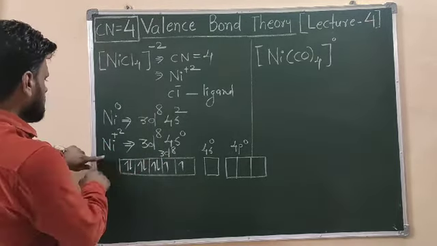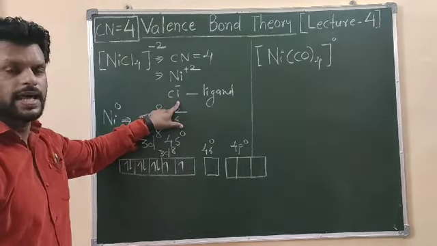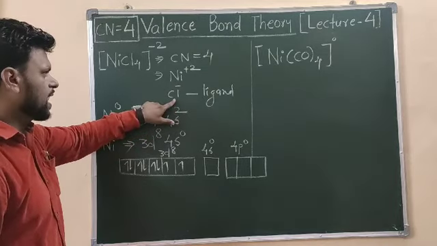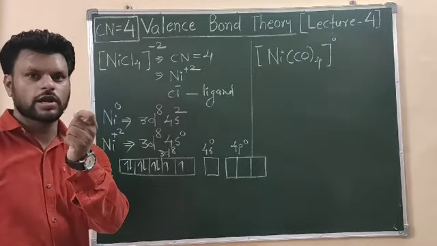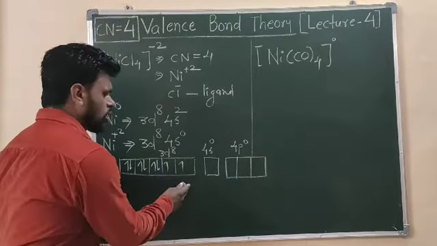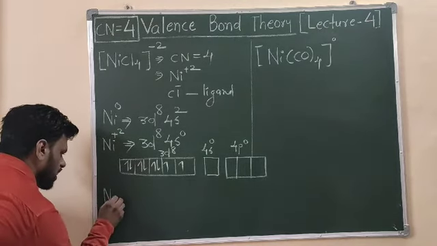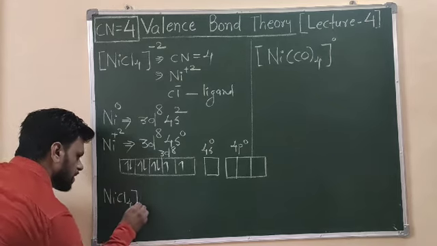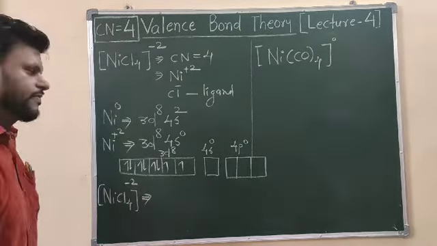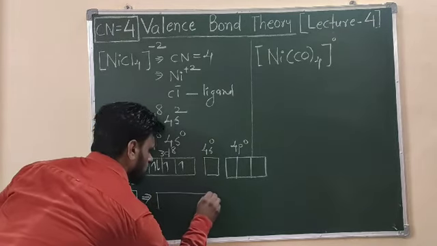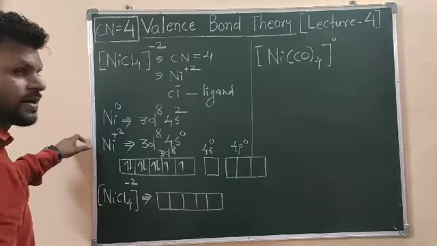Now when this nickel +2 ion reacts with the 4 Cl- ion ligands, I already told you that the Cl- ions have a weak field nature and hence do not have the strength to pair the electrons in the complex. So if I write the electronic configuration in the complex, please remember that the Cl- ions are not strong field ligands and hence the electronic distribution in the d orbitals will be the same as in the metal ion.